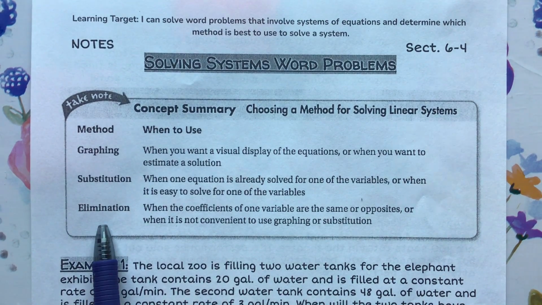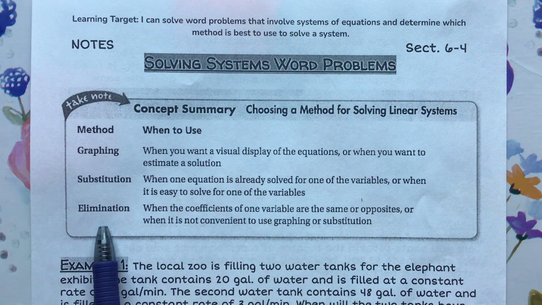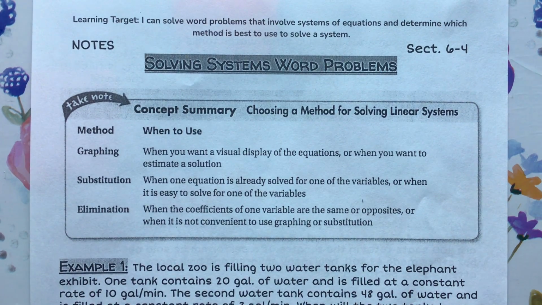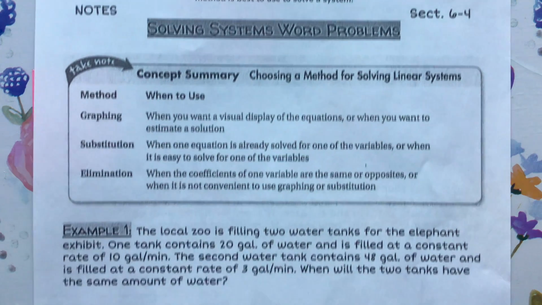And then with elimination, we are going to use that if your x's and your y's are already lined up to where you can easily get them to be eliminated. So you just have to look at each problem individually and consider your options and then decide which way you should go about doing this.